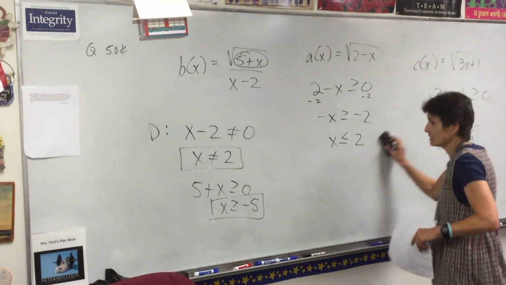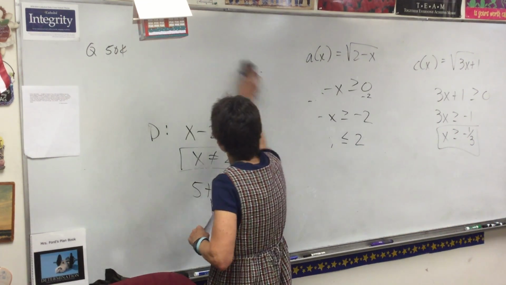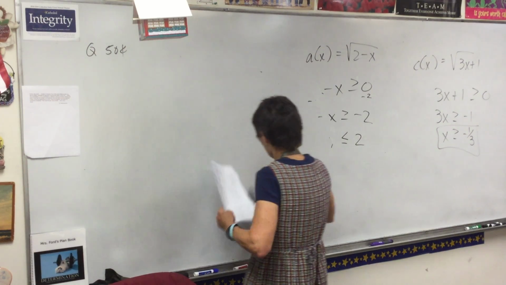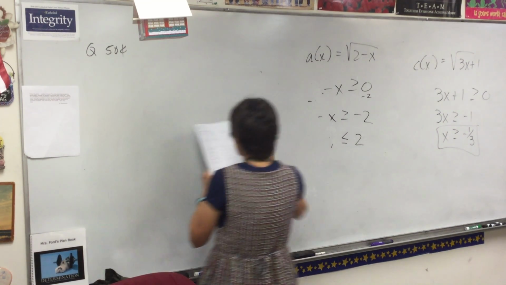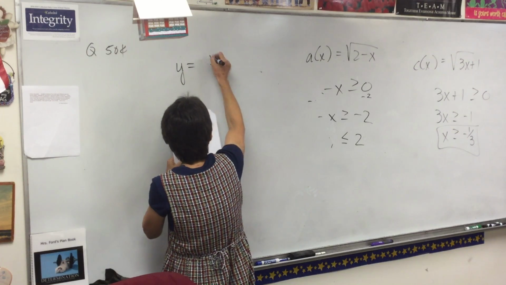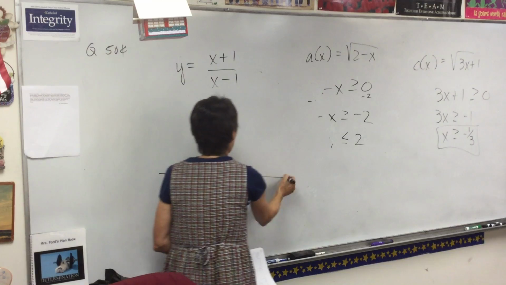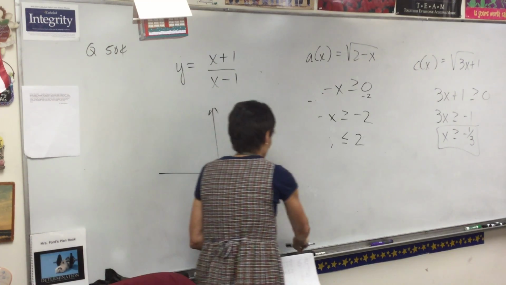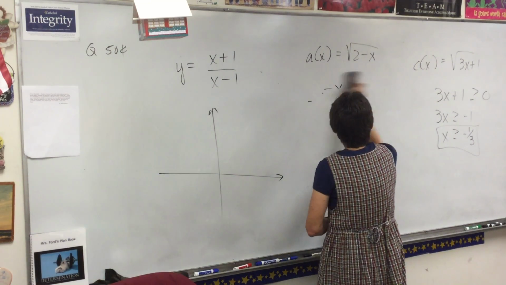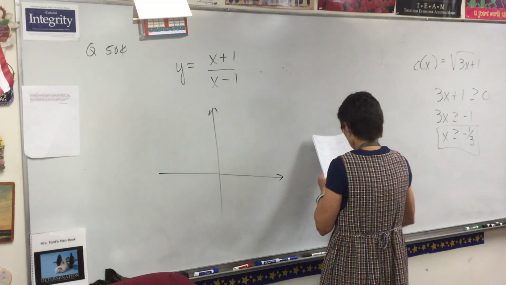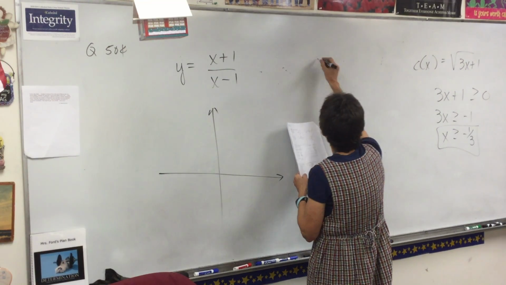Now, there are some other things we're going to talk about today that are not on the quiz. We are going to begin this graphing process. And we're going to start by not graphing the whole thing, but just putting in the vertical asymptotes.